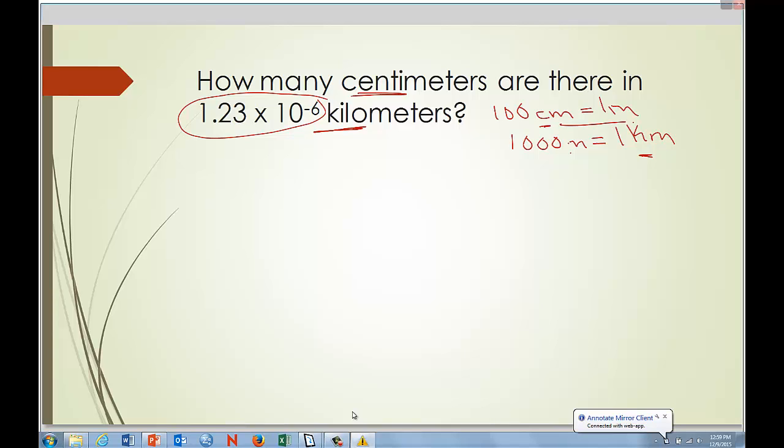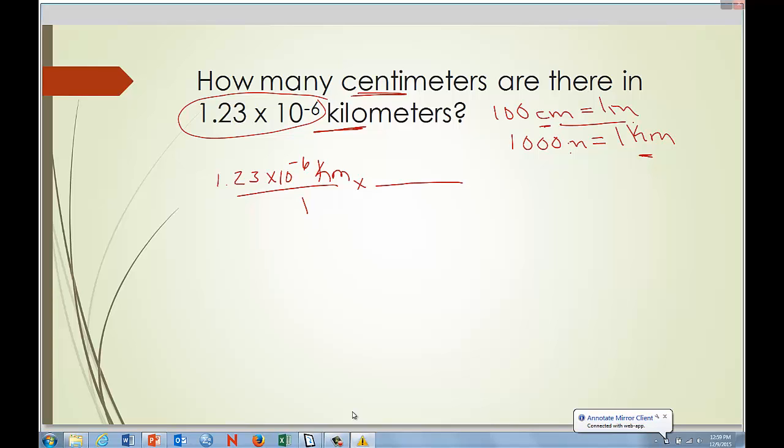So the very first step is to always put the number you're trying to convert over 1. So the 1.23 times 10 to the negative 6 kilometers is what's going to be put over 1. All we've done is change it into a fraction, because conversions and dimensional analysis both are multiplying fractions.